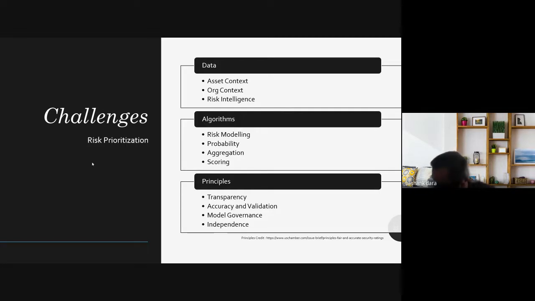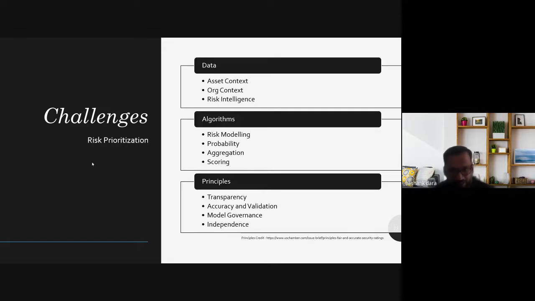But the problem with those kinds of ratings is that it's very difficult to articulate, validate, and compare. So that's when the US Chamber has come up with a few principles for building these security rating algorithms.